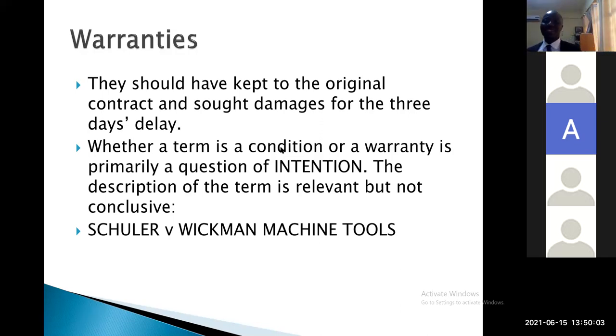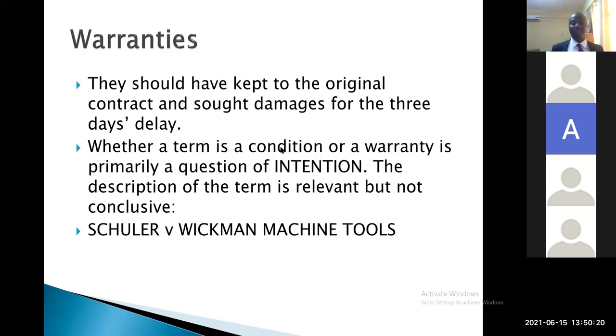And mind you, the intention of the parties is not coterminous with the label or the description which the parties have given to the term. In other words, the parties might have stated that a particular term is a condition.